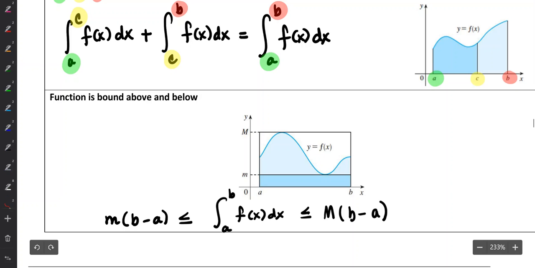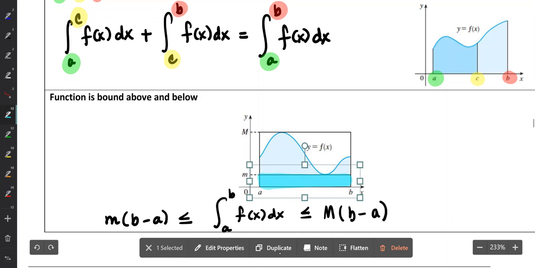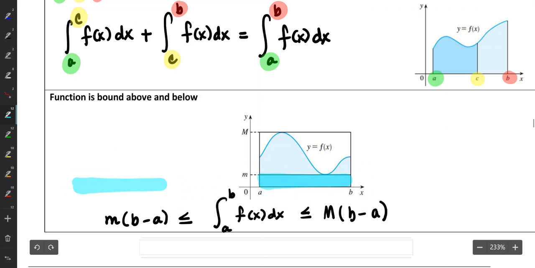All right, so I just had an idea for visualization. Here's this guy. Right? This area is your b minus a times your little m.